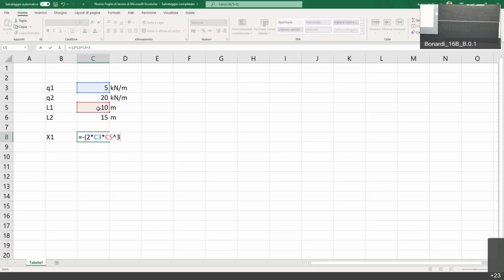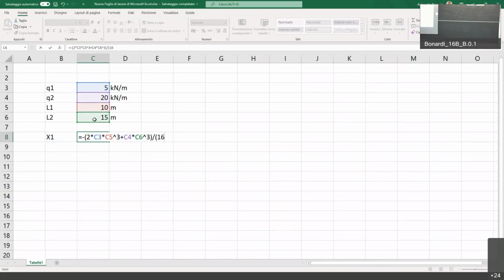This is how that is computed. Plus Q2 times L2 to the power of 3. We close the brackets, and we have written our numerator. Then the division sign, and we add the denominator.